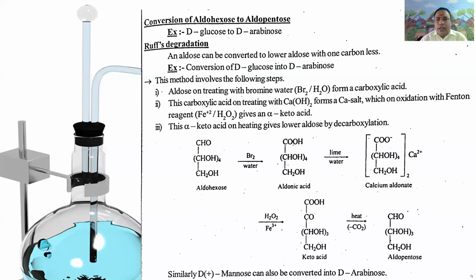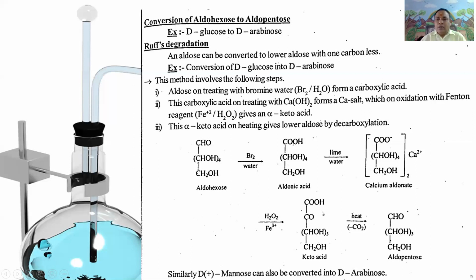This calcium aldonate or calcium gluconate upon treatment with Fenton's reagent, FeSO4 H2O2 or Fe plus 2 H2O2, gives keto acid, COOH, CO, CHOH taken 3, CH2OH. It is called keto acid.